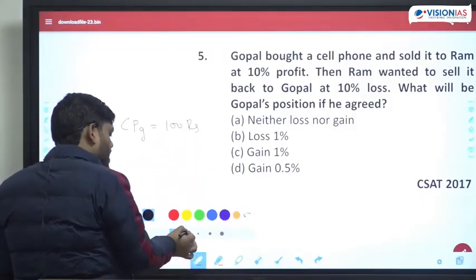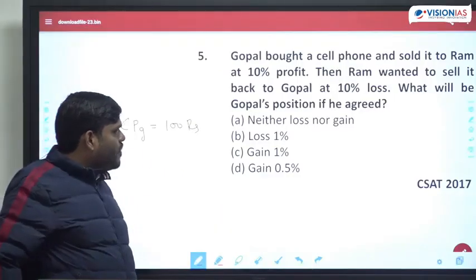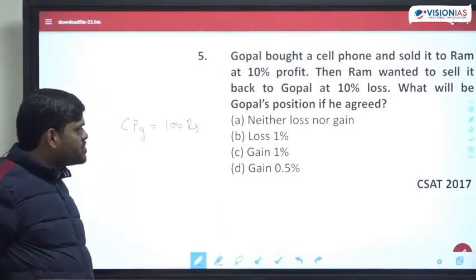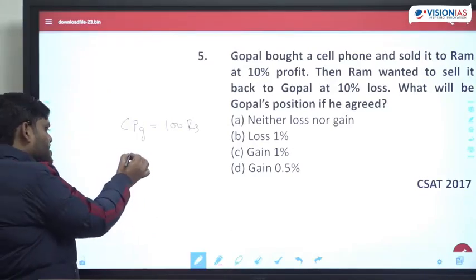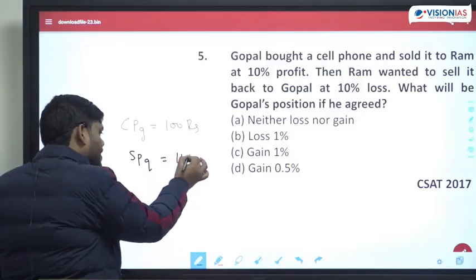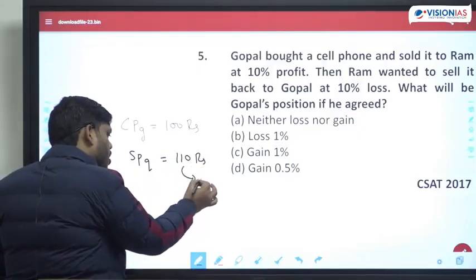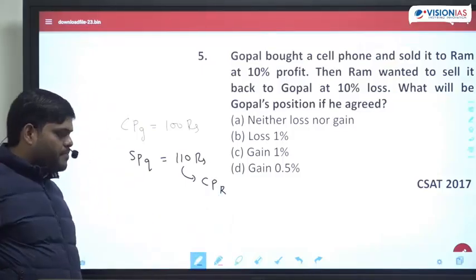Gopal sells to Ram at 10% profit, that means the selling price for Gopal is 110 rupees, and this is the cost price for Ram. Okay?